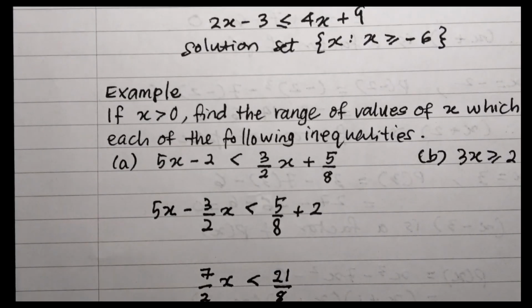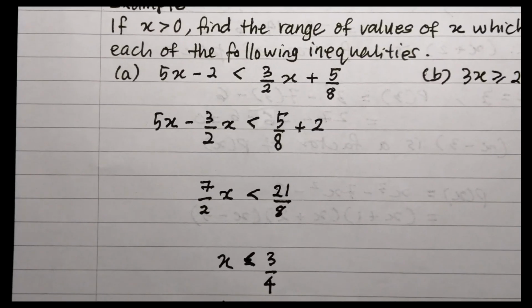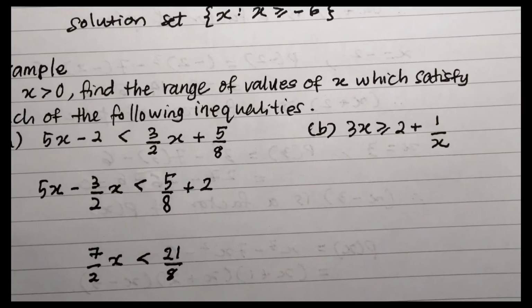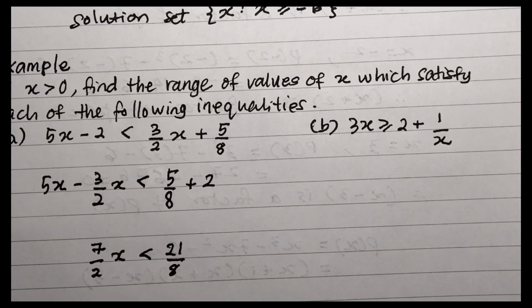So here is the solution set, or the range of values of x. For question B, I leave it for you to find the set of values of x, using the same method. Here we call it the analytical method. Show the working steps properly, and the answer for the range of values of x is x more than or equal to 1.